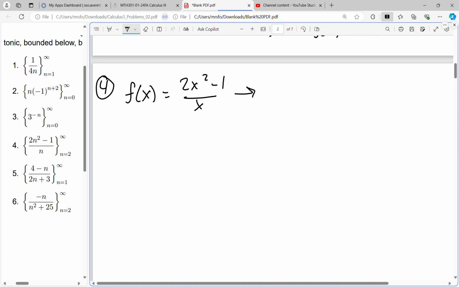When we differentiate, if you remember the quotient rule, your denominator becomes the denominator squared, and then you take the denominator and multiply it by the derivative of the numerator.